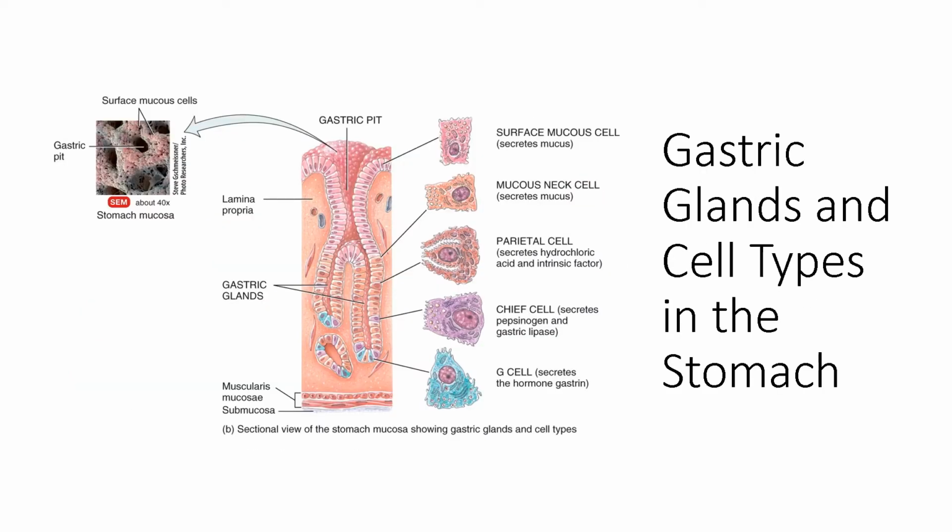The surface of the mucosa is a layer of simple columnar epithelial cells, which are called surface mucus cells. These epithelial cells extend down into the lamina propria, where they form columns of secretory cells called gastric glands. So down here, down in the pit, these are the glands.